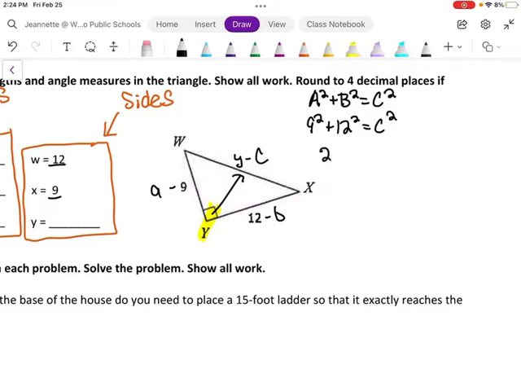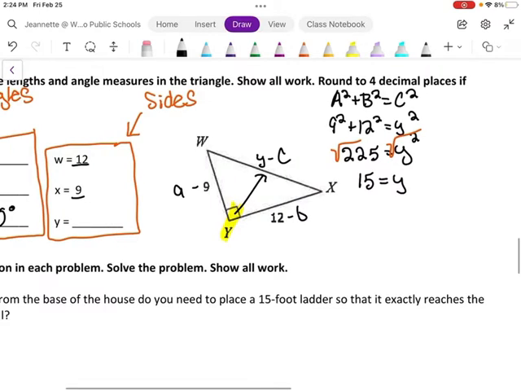And if we were to add those two together, we would get 225 equals C squared, or in this case, Y squared. And then we would take the square root of both sides. And remember, you should type them into your calculator first to see if it is a perfect square. And if not, then you do the factor tree. And this one, we would end up getting the exact answer of 15 for that missing side length.